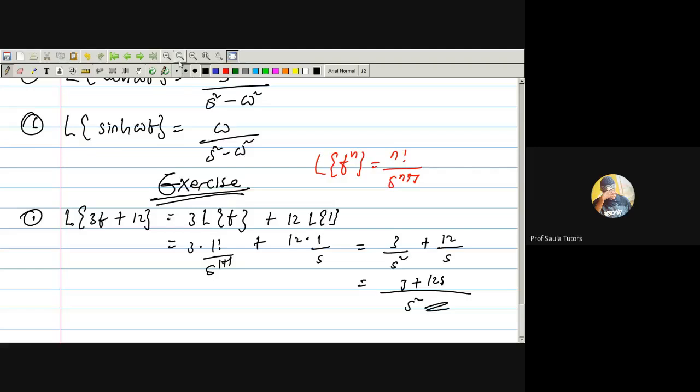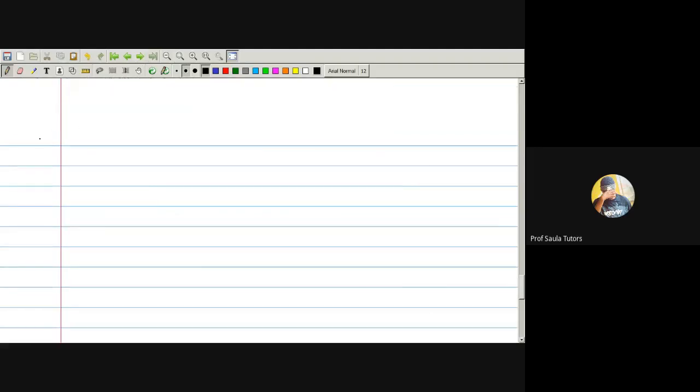So question 2. We have to find the Laplace transform of (a minus bt) squared. How do we get this? Firstly, let us expand this. If I have (a minus bt) squared, what would that give me? I have a squared minus 2abt plus b squared t squared.